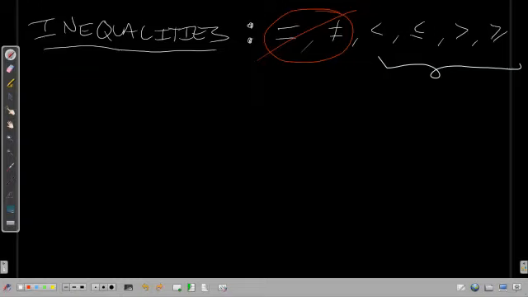All right, now when you read a book or when you read something on a sheet of paper, you read from left to right. And you can read one of these inequality symbols in the same way.